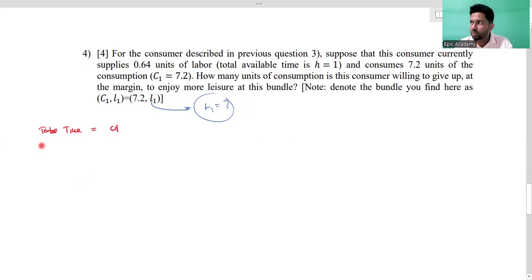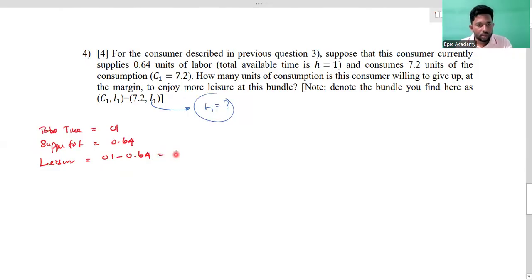So how are they going to supply labor? Supply of labor is only 0.64. Then what happened to the leisure time period? Leisure time period equals 1 minus 0.64, isn't it?